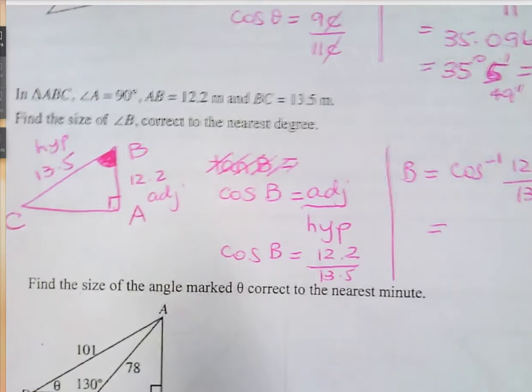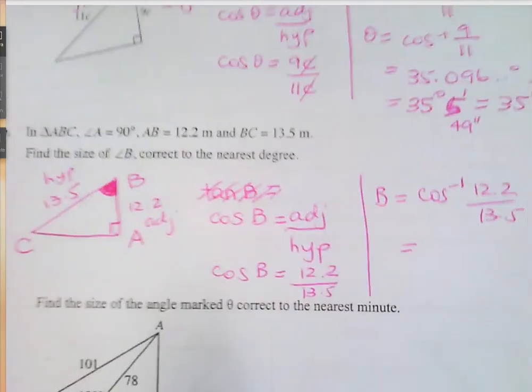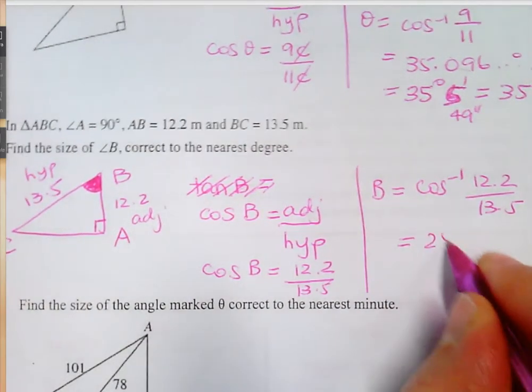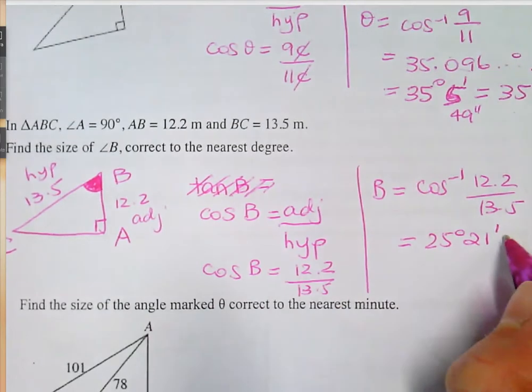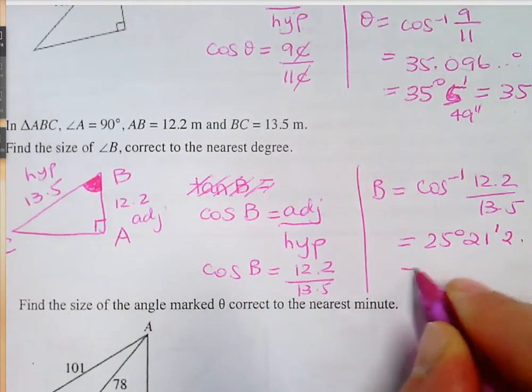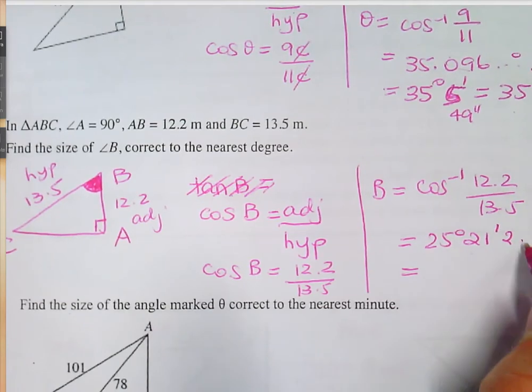Nearest degree, girls. So whatever number you get, you just round it off to the nearest whole number. 25 degrees, 21 minutes, and 2.679 seconds.